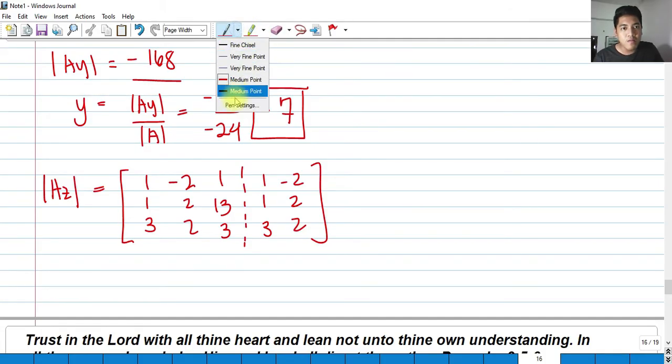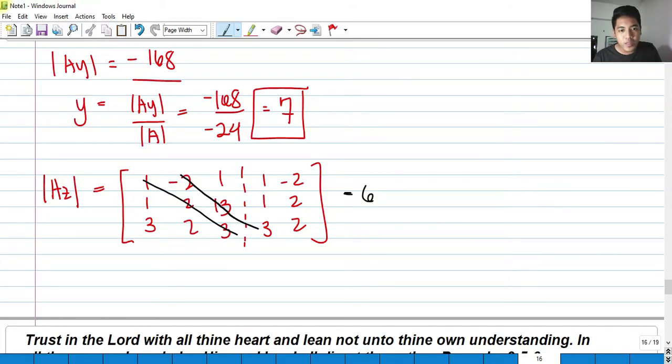So we have now, get the determinant. We have 1 times 2 times 3, that is 6. Negative 2 times 13 is negative 26, and negative 26 times 3: 26 times 3 is 78, so that is negative 78. Then 1 times 2 is simply plus 2, minus the other diagonal, 3 times 2 is 6.